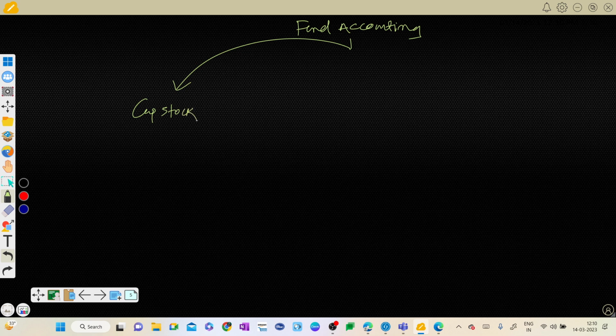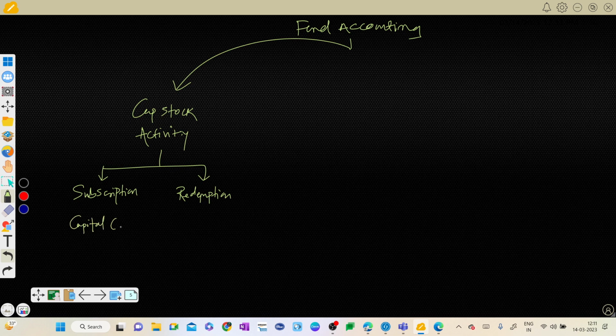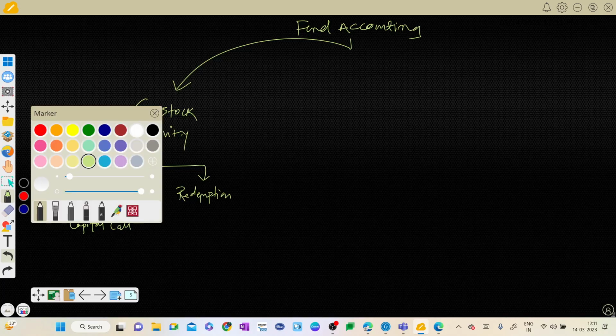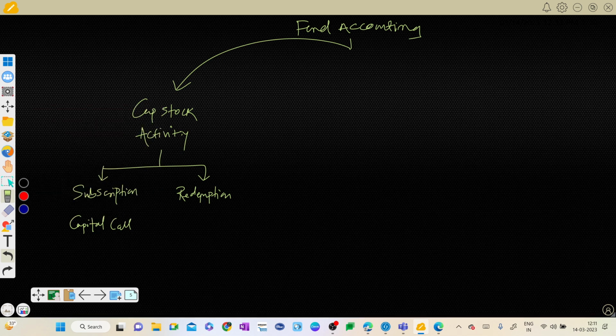This diagram you can write down: cap stock activity, where you would see subscription and redemption, and in PE you would see capital call and distribution call.